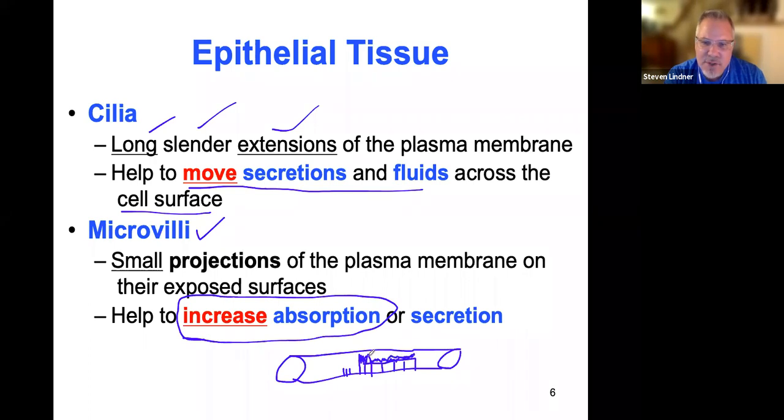And what's the function of these microvilli? The function of them is to absorb. They're going to act like a sponge and pull in carbohydrates and proteins and fats. They're going to pull in all the nutrients. And then deep, deep here are going to be arteries and veins and lymphatics, and they're going to pull the nutrients into the circulatory system.